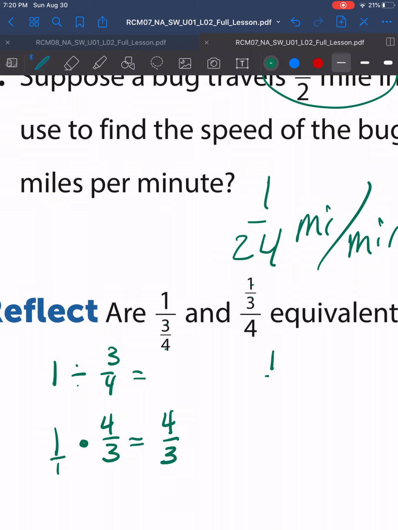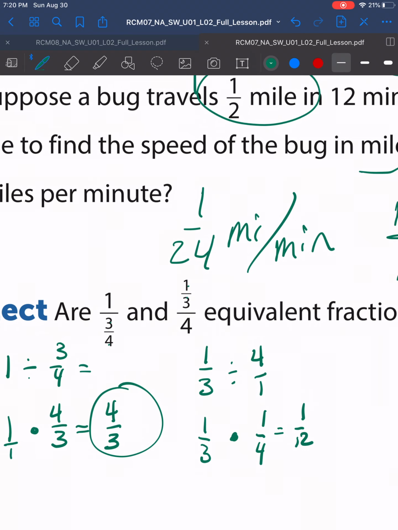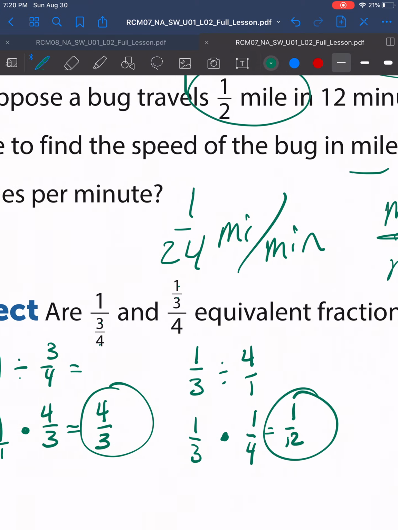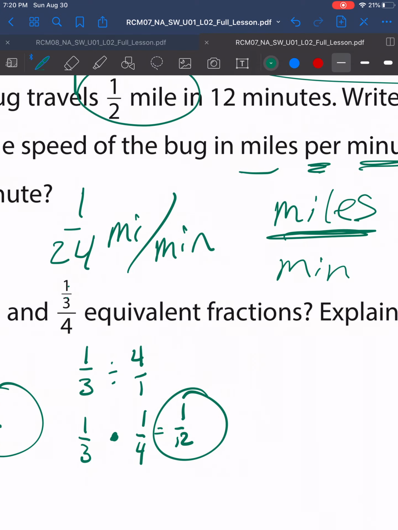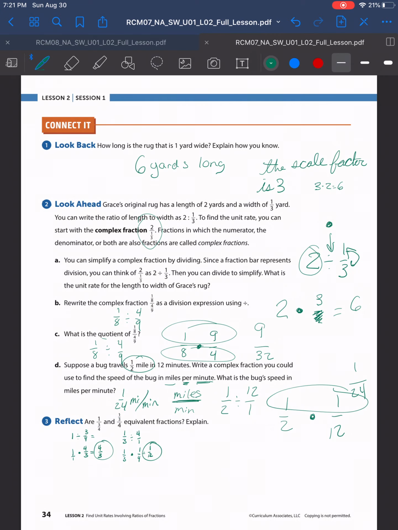And then if I had 1/3 divided by 4, 4 is the same as 4 over 1. If I skip it, flip it, and multiply, that would equal 1/12. These are not the same. So can I change numbers around and have equivalent fractions? No. And how do I explain that? Well, there's my explanation. There's my work right there.